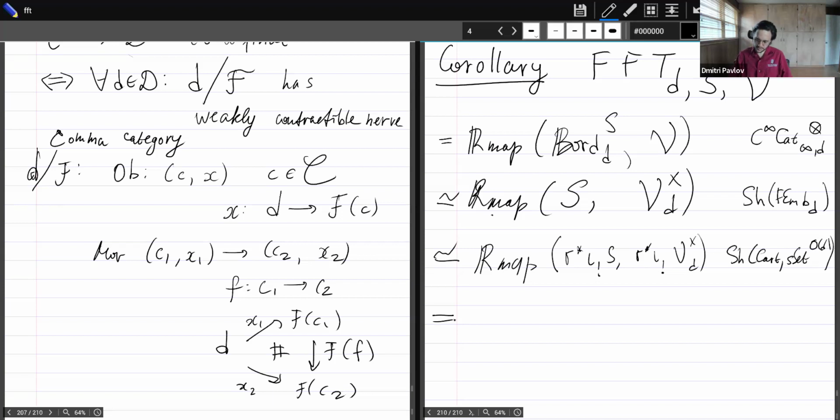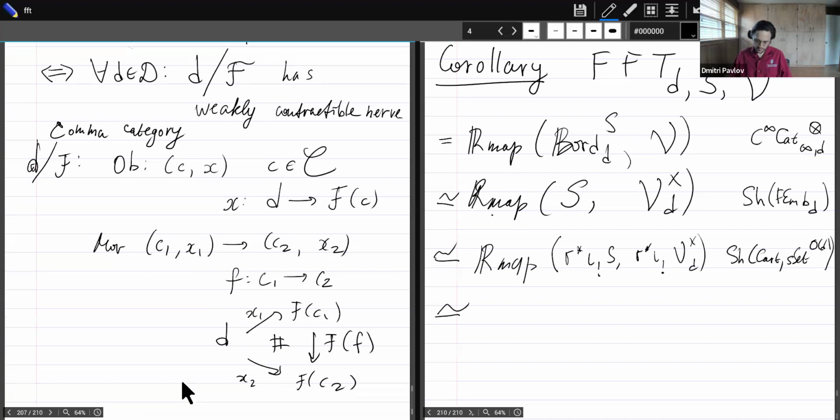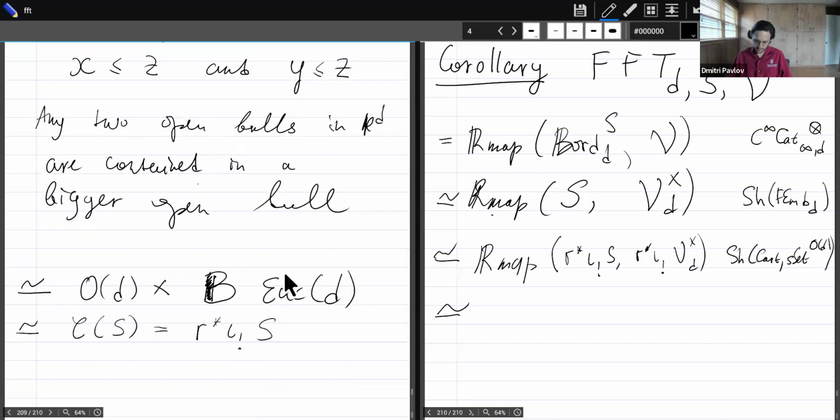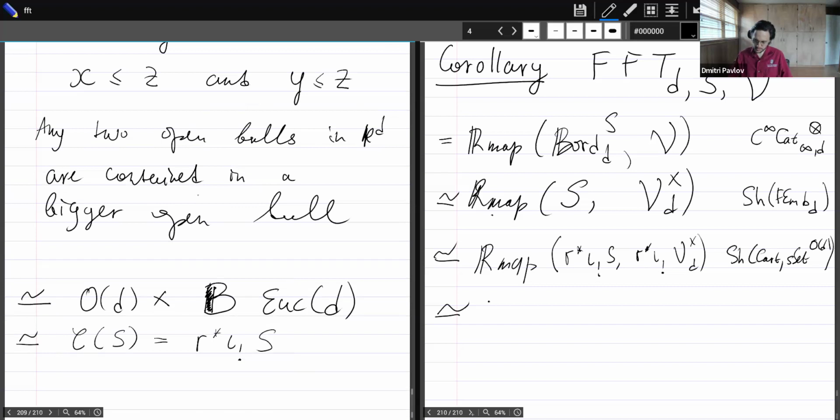Now, using this computation we just did, here, I can compute this as R map from Od times the delooping of the Euclidean group.